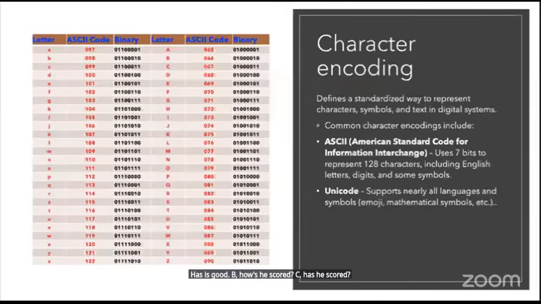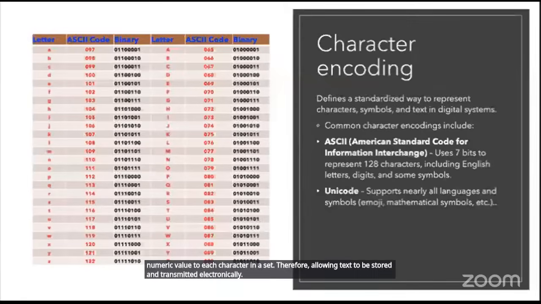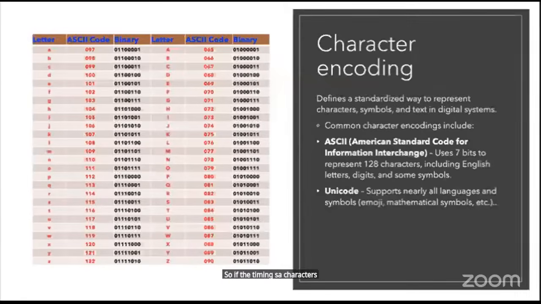Capital A and small letter a have different codes. So character encoding is simply a system that assigns a unique numeric value to each character in a set, therefore allowing text to be stored and transmitted electronically. So it determines how characters are represented in binary form on computers.